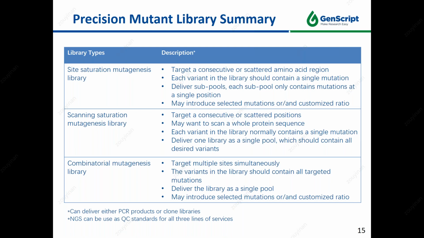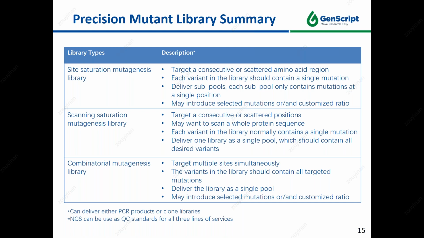At last, for combinatorial mutagenesis libraries, the biggest difference is that all targeted positions are to be mutated simultaneously, resulting in a very large size of the final library. And again, the pooled libraries are always the format of the final deliverables, considering the complexity of this type of library.